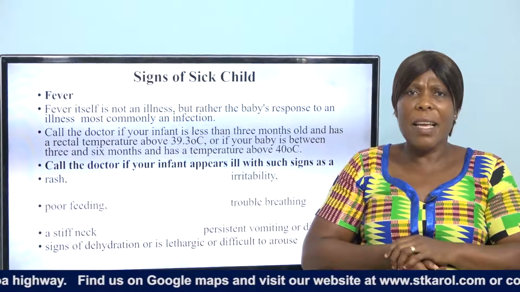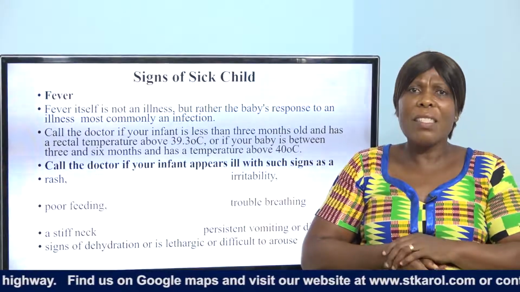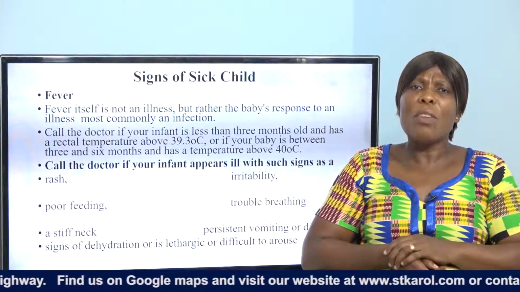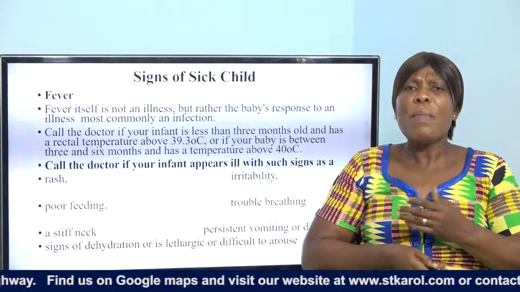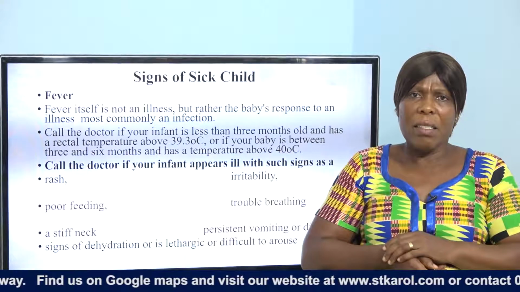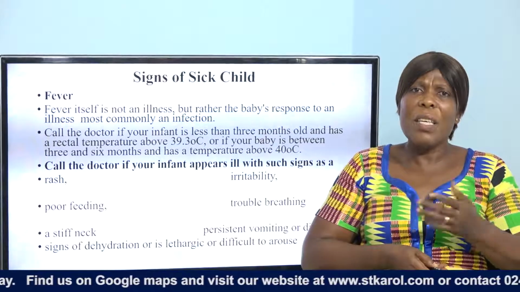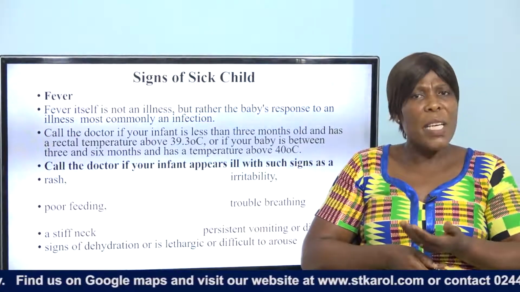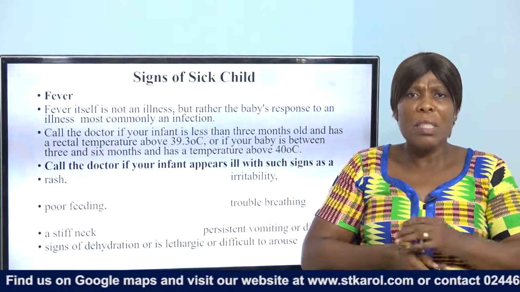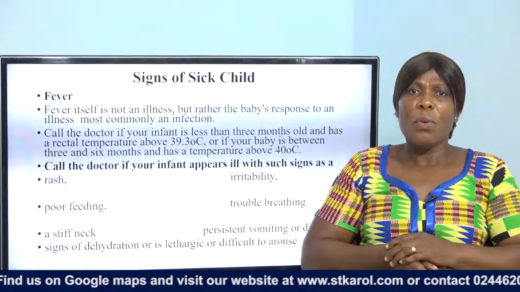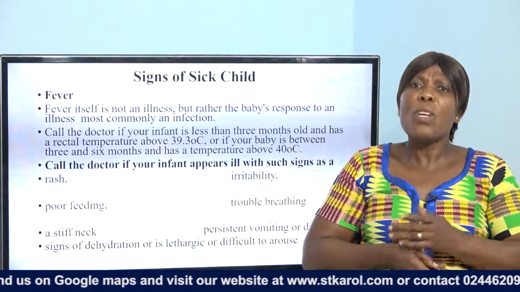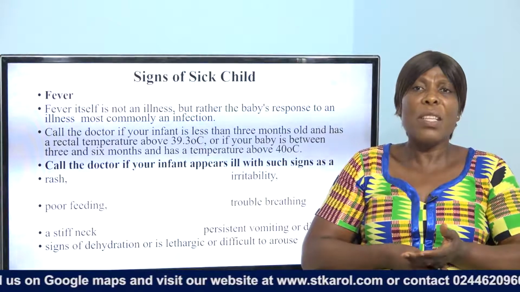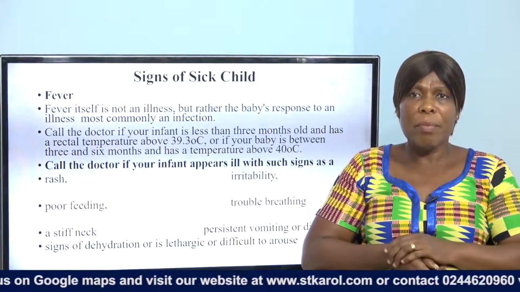So these are some other things that you need to call the doctor about when your baby is having these signs. 1, rashes. When the baby is not feeding well. When the baby is having a stiff neck. And that will tell you that the baby is either trying to develop meningitis or tetanus. When the baby is also irritable, you are doing everything, and the baby is still crying.